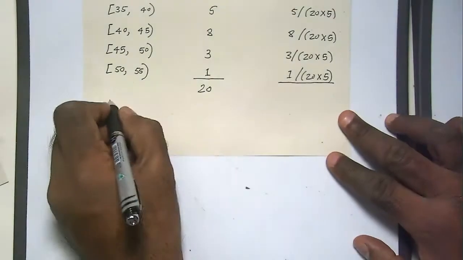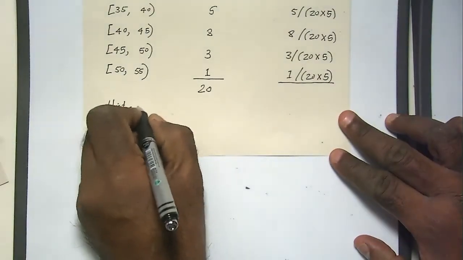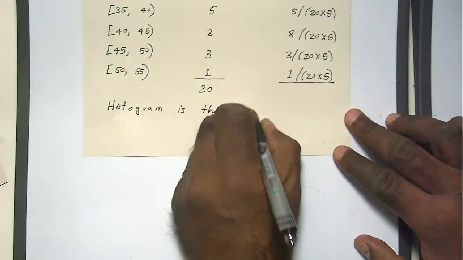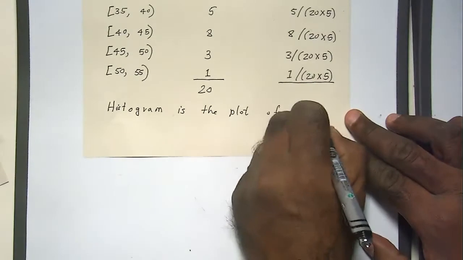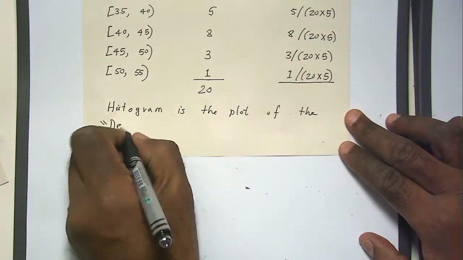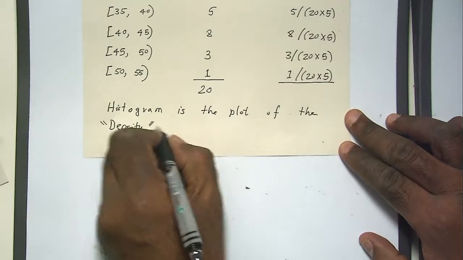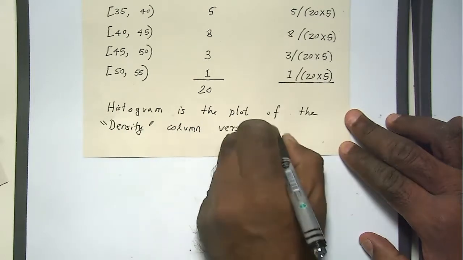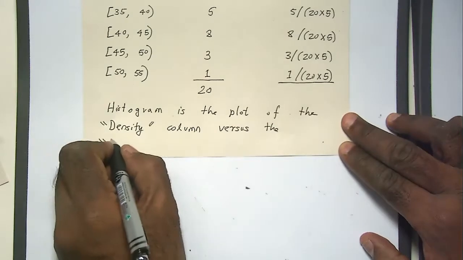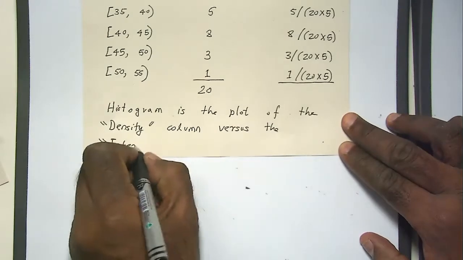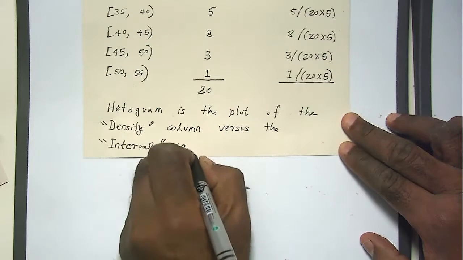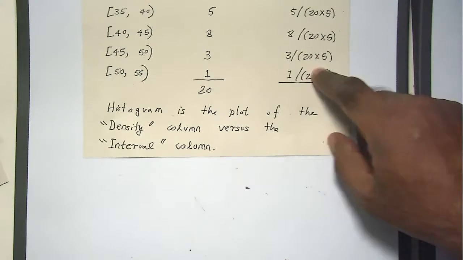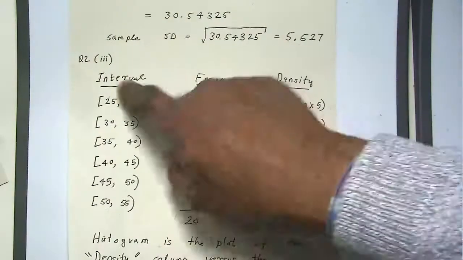So the histogram is the plot of the density column, which is this one, versus the interval column.